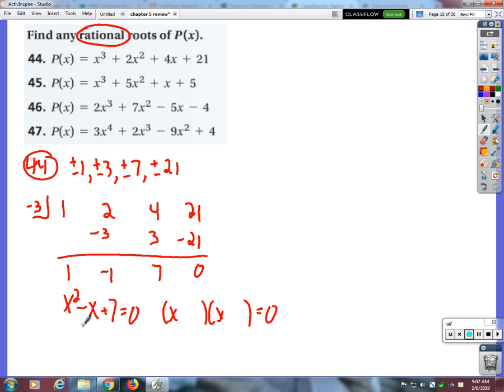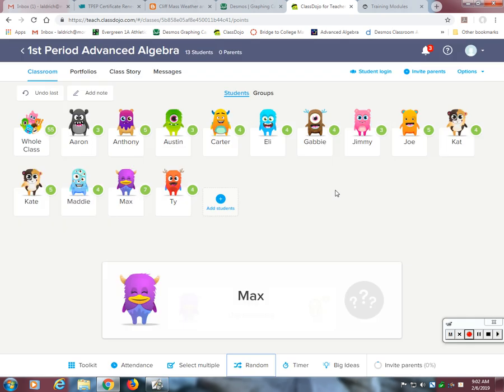No, because the only two numbers that multiply together to be 7 are 7 and 1, so that's not going to work. So the only rational root for that is negative 3. Everything else is some weird decimal thing. So done.